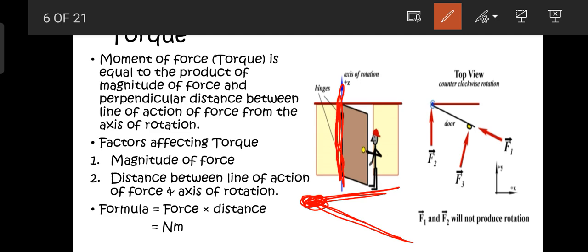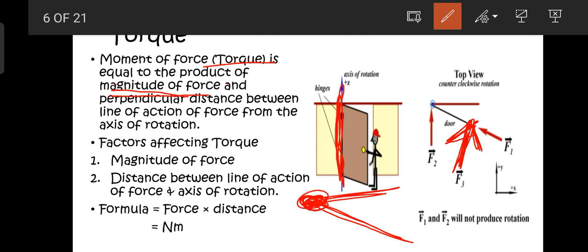So the torque is equal to the product of magnitude of force, means how much force we are applying to open the door. Okay, we are applying force to open the door, na? So this is magnitude of force and perpendicular distance between the line of action of force from the axis of rotation.